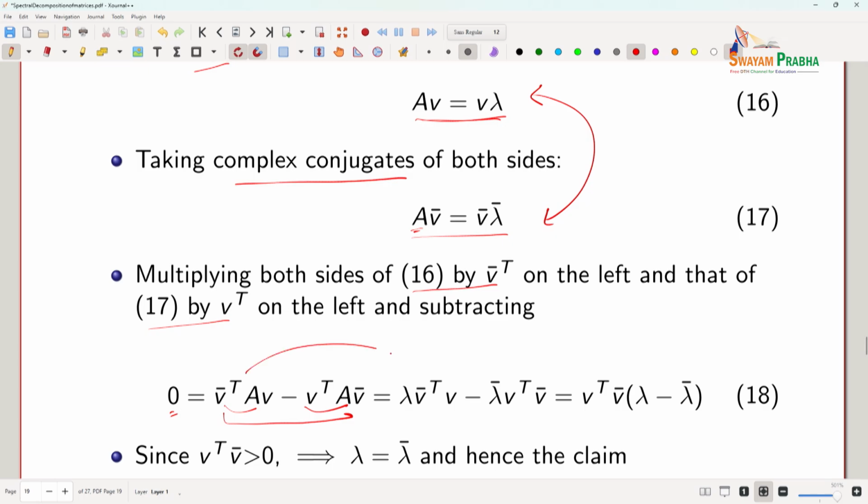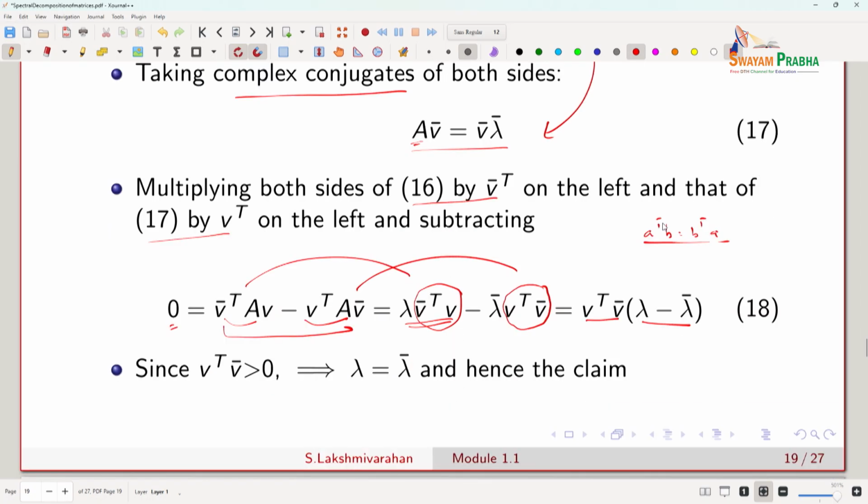By virtue of the eigenvalues, this is lambda times v bar transpose v, this is lambda bar times v transpose v bar. They are essentially the same because a transpose b is equal to b transpose a.